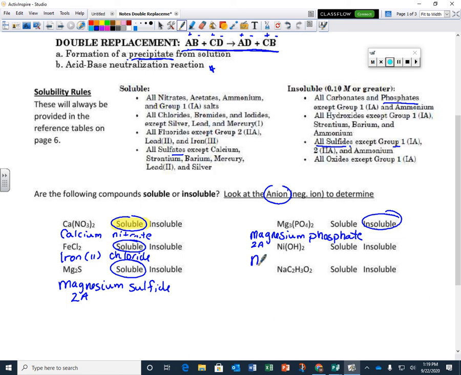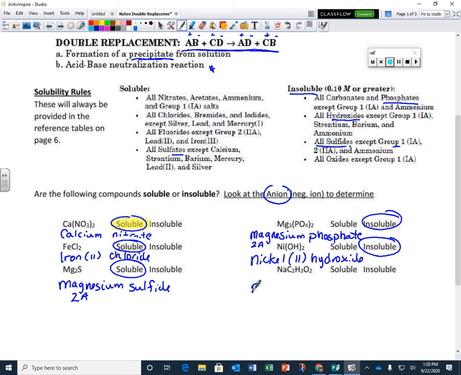The next compound is called nickel 2 hydroxide. All hydroxides are insoluble, except family 1, strontium, barium, and ammonium. Nickel is not in family 1, so we know that this compound is insoluble.